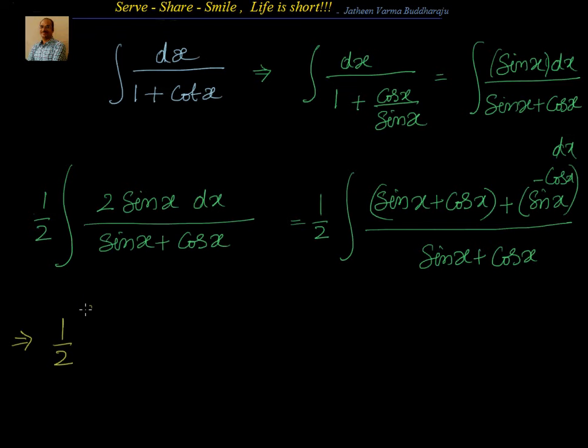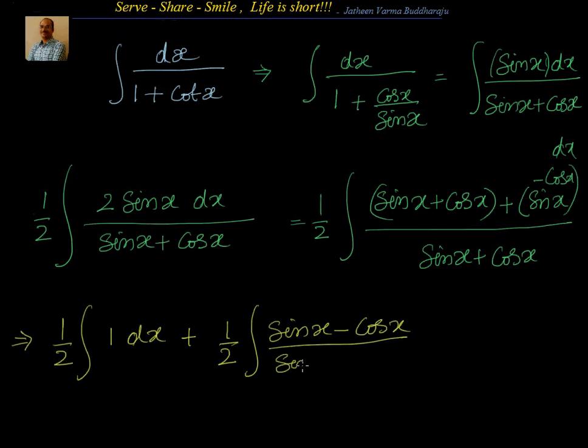That will be half into integral of 1 dx plus half into integral of sin x minus cos x by sin x plus cos x. Now we will think about this and see what to be taken as f of x.